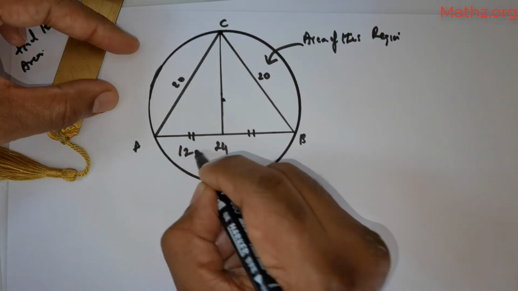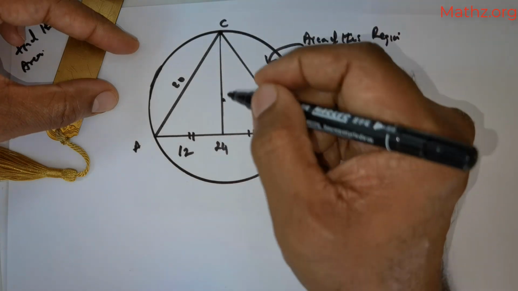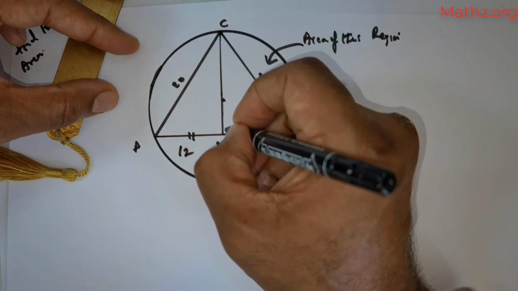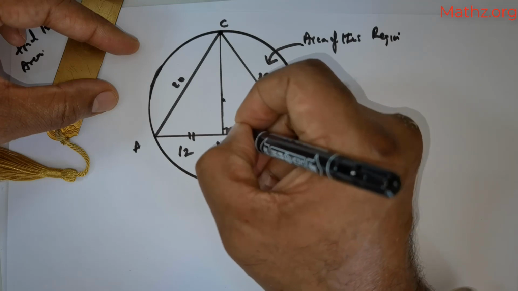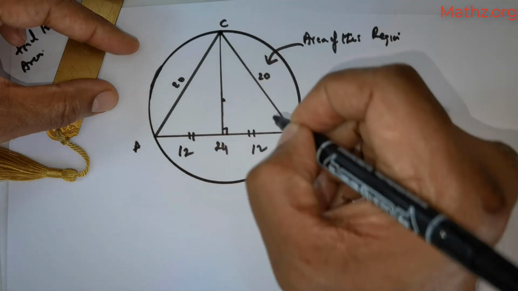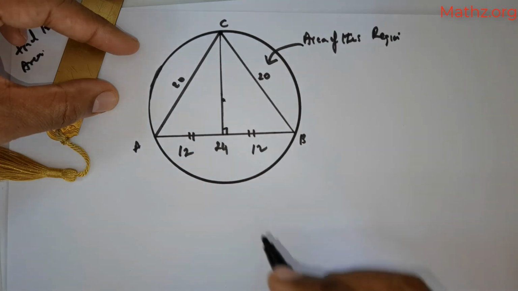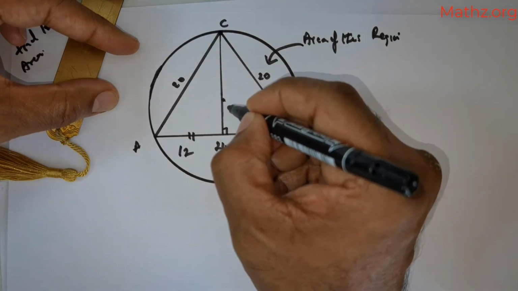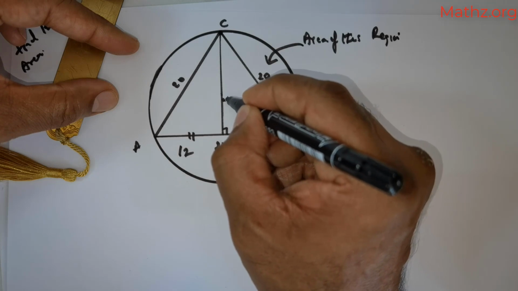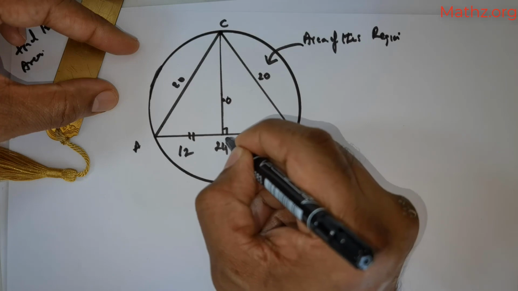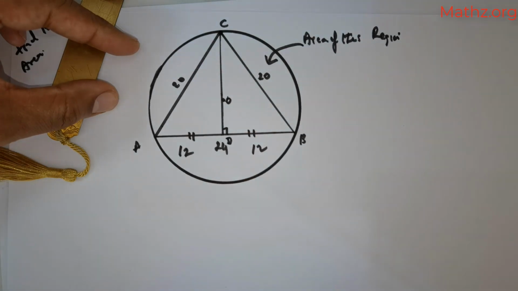So this is going to be 12, this is going to be 12, and the line dropped is a perpendicular. So this angle made is 90 degrees, this angle made is 90 degrees. Let me take this to be O and this point to be some D.